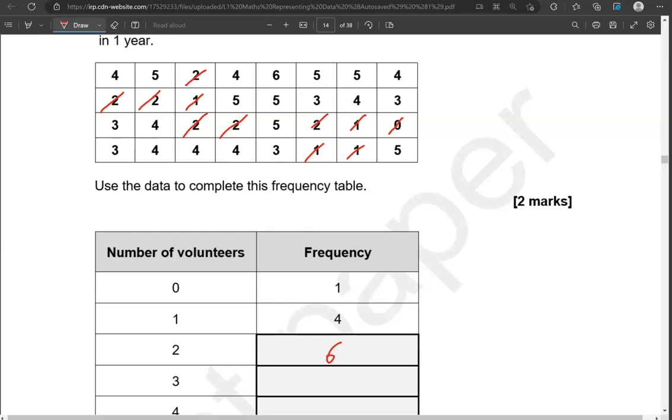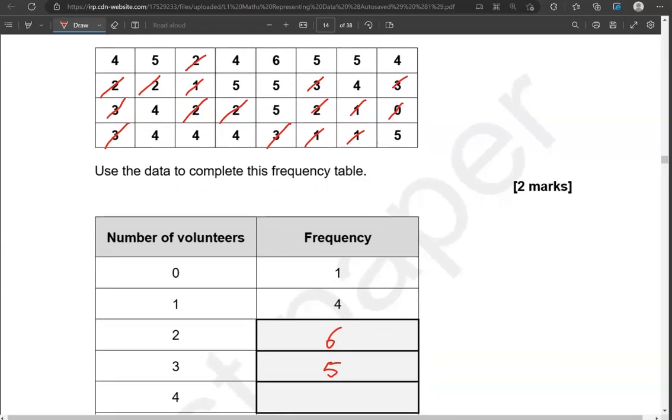Number of volunteers 3, we have 1, 2, 3, 4, 5 of them. Number of volunteers is 4, so we have 1, 2, 3, 4, 5, 6, 7, 8.